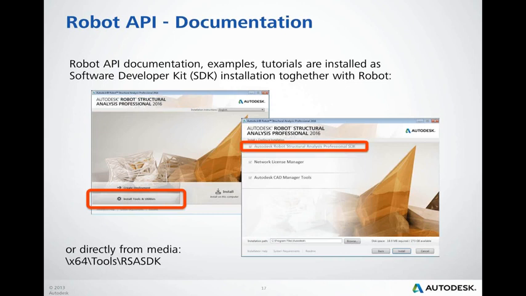Robot API documentation, examples, tutorials are installed as software developer kit installations together with Robot, either with Robot installation by the button Install Tools and Utilities and then selecting SDK, or it can be run directly from media from the folder shown on slide.